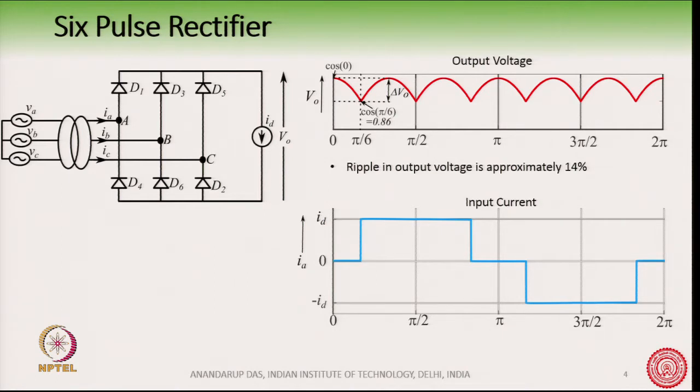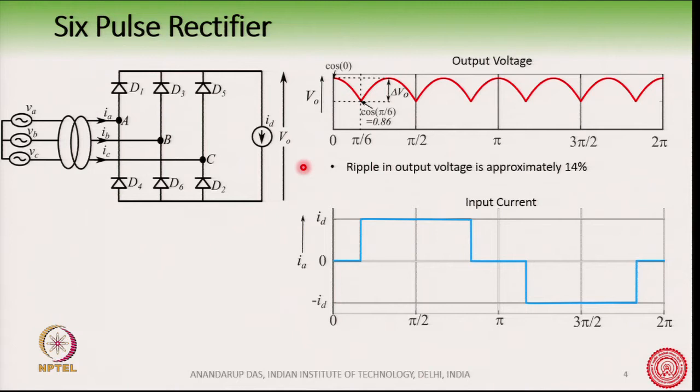Now, on the DC side we have a very large inductive load which is represented by a current source here. We will continue with this because in most high power converter applications this may be a good representation of the actual circuit used.